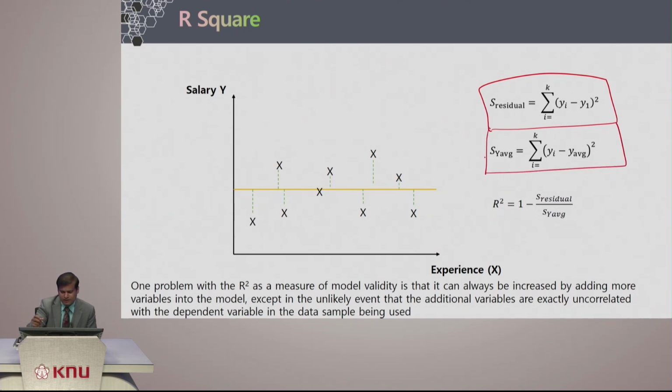These two things: the sum of yi minus the y average, the whole square, that's one huge sum. The other one is the sum of y minus y1, the whole square, the residual sum. So you are taking these two values, dividing them, and then you are subtracting from 1.